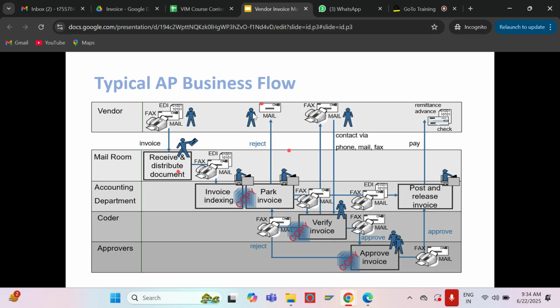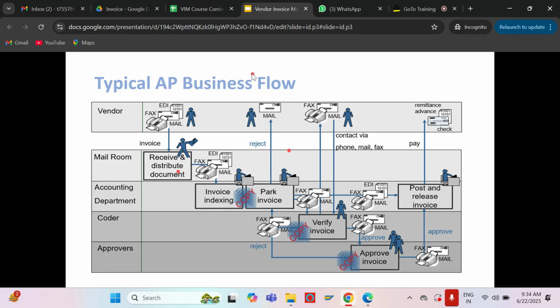But one thing to note here is the communication which is happening between different roles in the AP business flow. It can be either through mail communication, or they can call, or they can fax, anything. Now, when this communication is happening, the invoice will be copied several times, right?